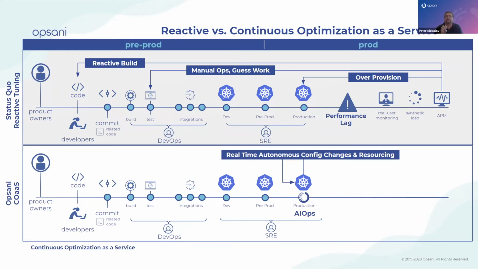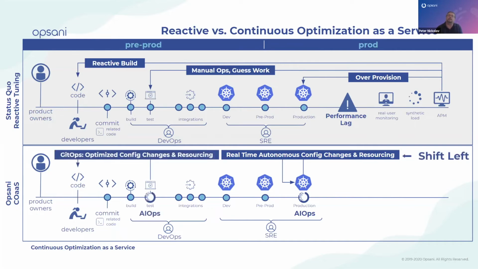The result of this is that your application, as it runs in production, is being constantly tuned for the current load profile using the current application behavior. So today's release or yesterday's release is the one that is being tuned on the load that it's experiencing at the moment. So the changes in configuration, that tuning and cost adjustment, are practically real time. It happens on the application that's running today.